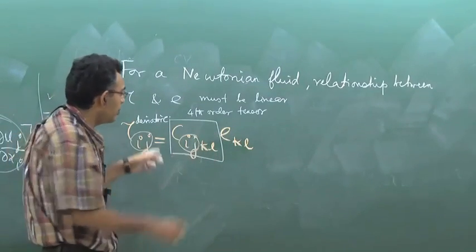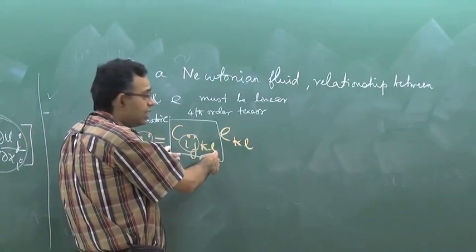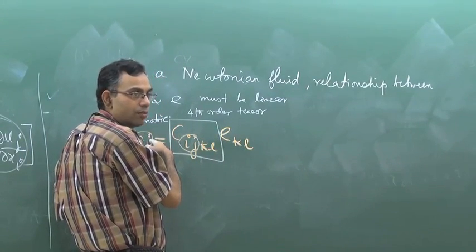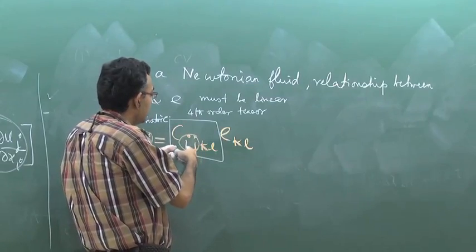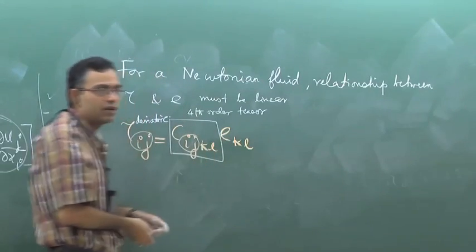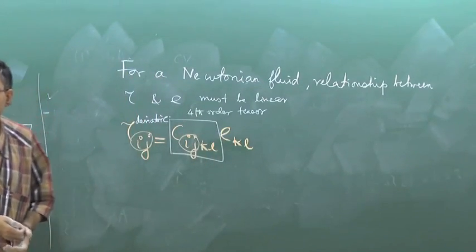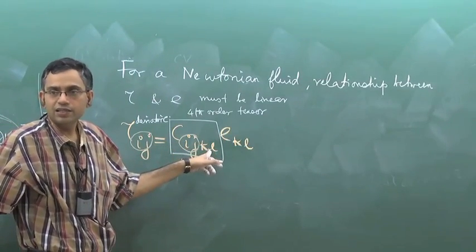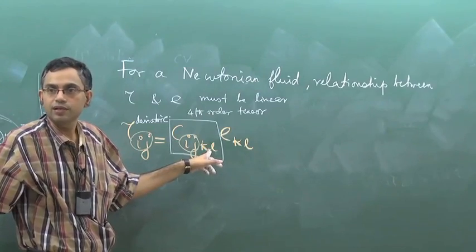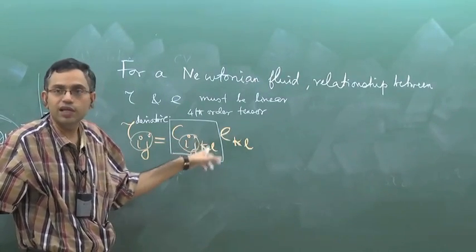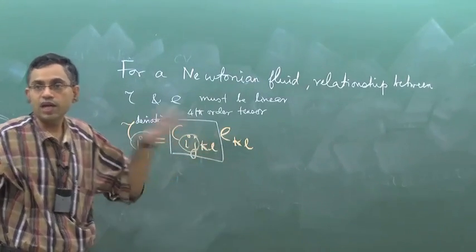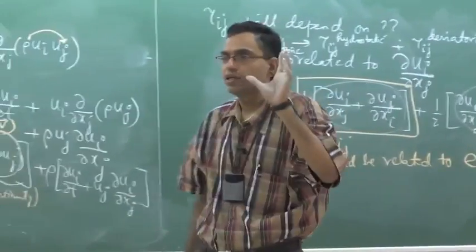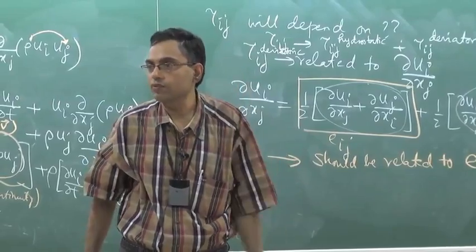That means if you know this tensor, then given the velocity gradients you know what is the stress. But how many components of Cijkl do you require? Each of these i, j, k, l varies from 1 to 3. So 3 into 3 into 3 into 3. So 81 constants are in general required to describe the property of the fluid.